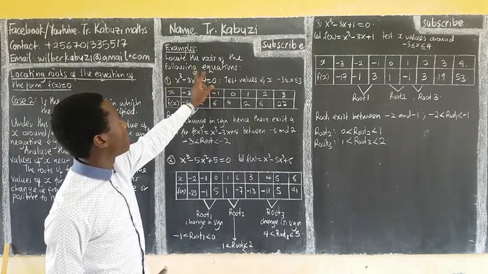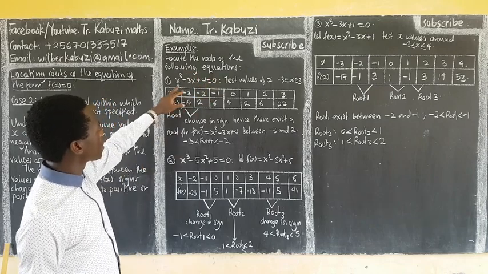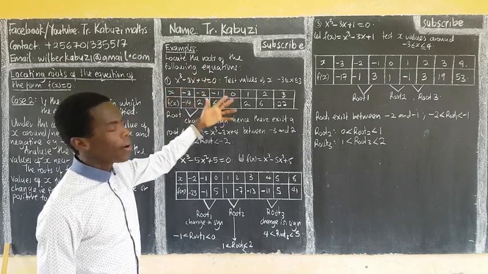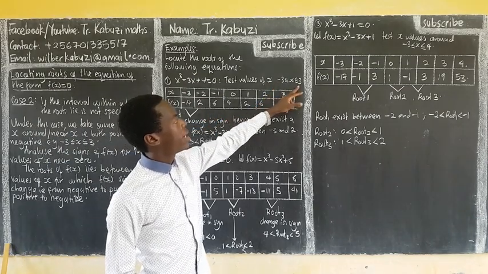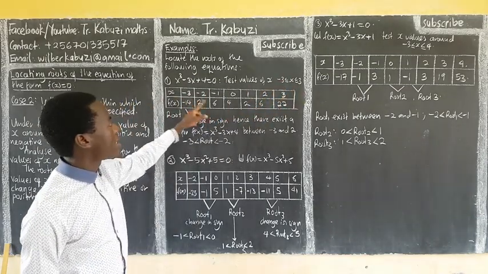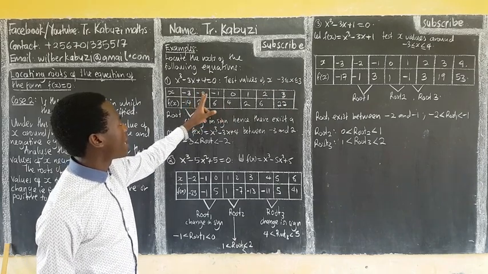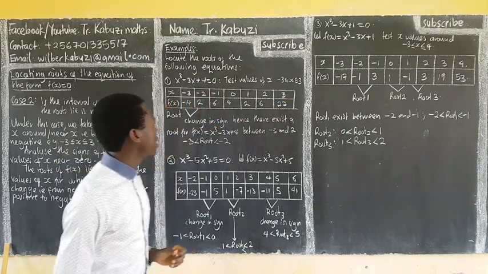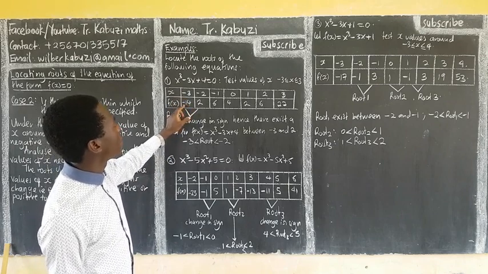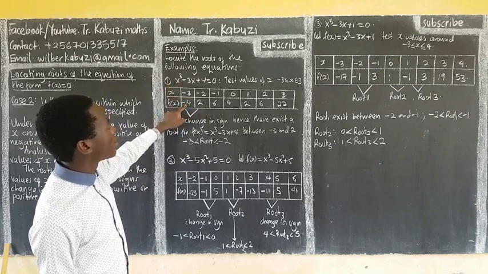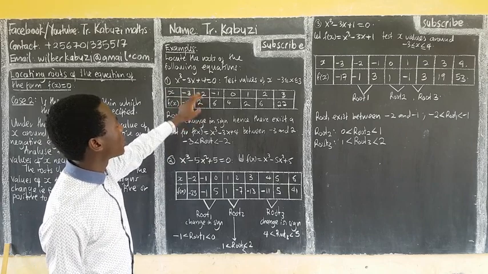Locate the roots of the following equations. They give us this. Now here, the test values I'm going to use are from negative 3 to 3. So this is negative 3, negative 2, up to when I reach 3. When I put negative 3 in this function, this is what I get. When I put in negative 2, I get this.